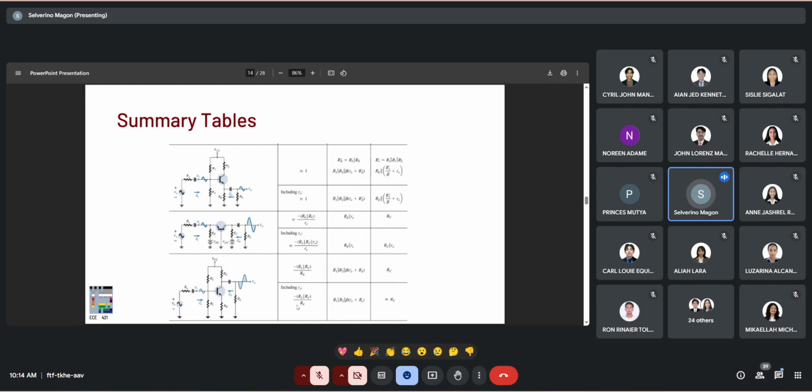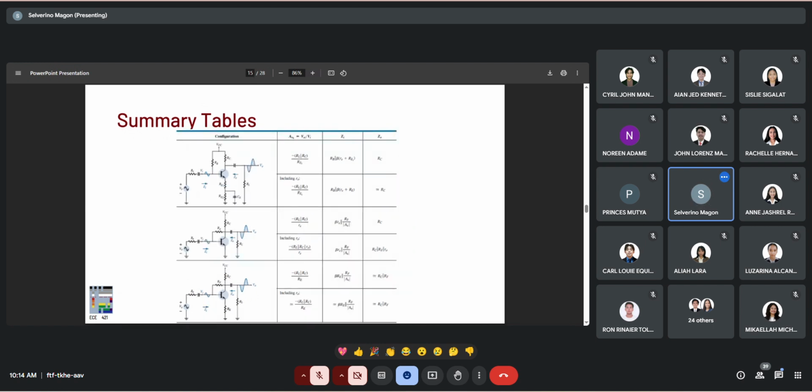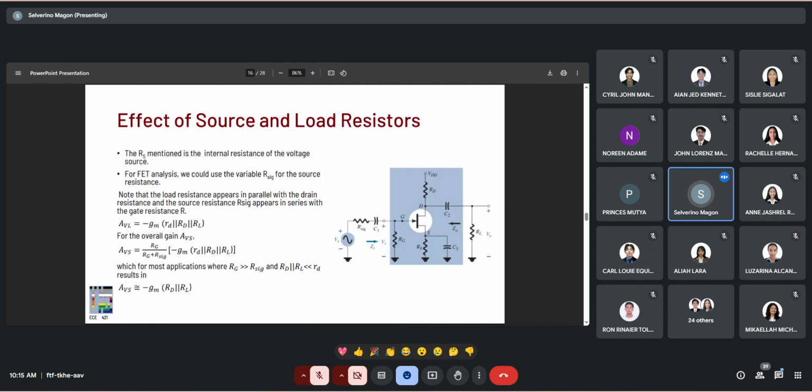In the unloaded effects, we have the RE in the RO calculation. So further configurations in the feedback resistance. So quick summary: the RS mentioned is the internal resistance of the voltage source.